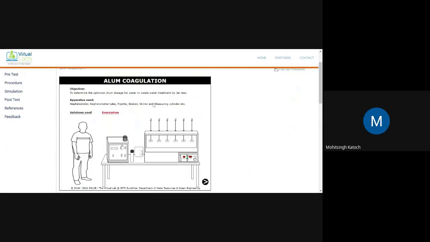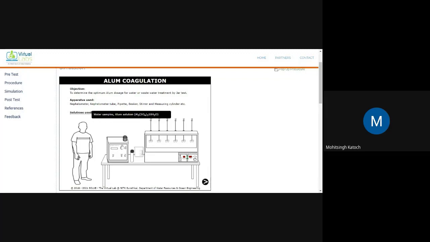The apparatus used are the nephelometer, which you can see here, the nephelometer tube, which is placed here, a pipette, beaker, stirrer, measuring cylinder, etc. These are the apparatus which we are going to use in this experiment. The solutions which we are going to use are the water samples and the alum solution, Al2(SO4)3·18H2O.